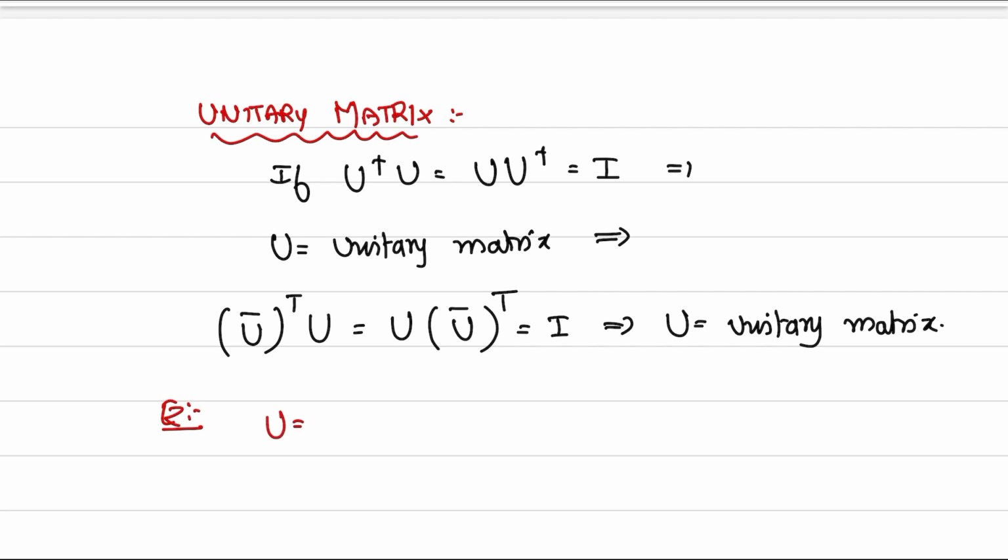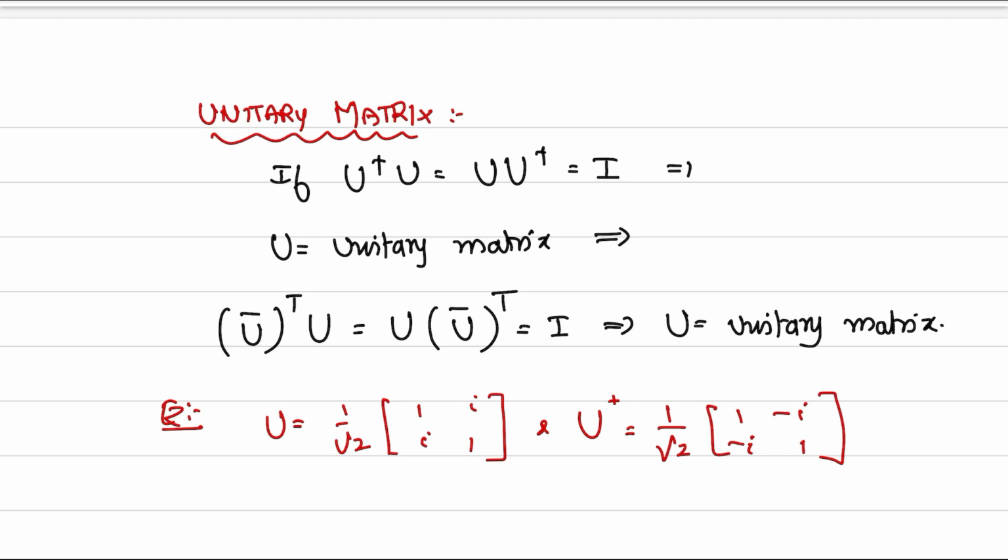U is equal to 1 by root 2 into [1, i; i, 1], and U conjugate transpose will be 1 by root 2 into [1, minus i; minus i, 1], because 1 does not change.